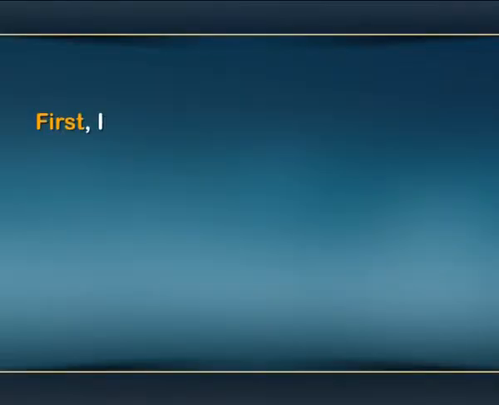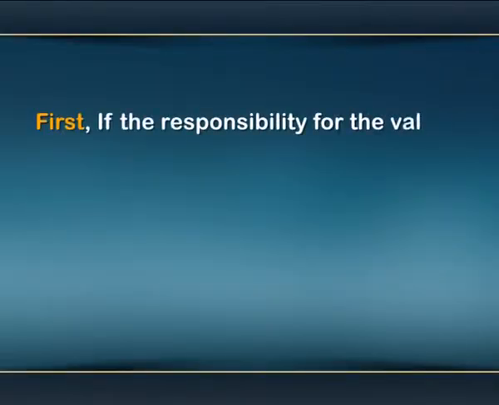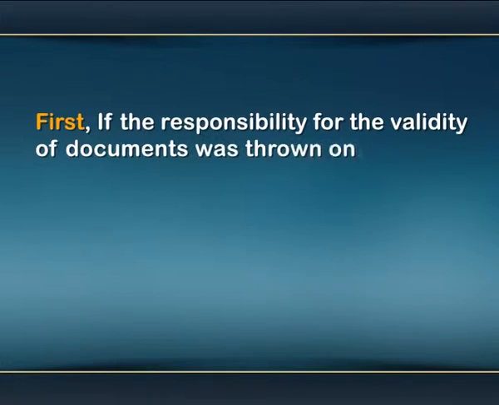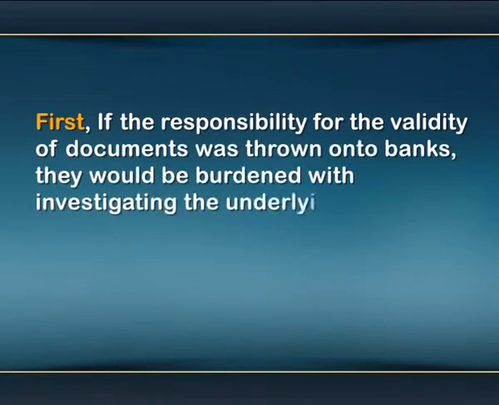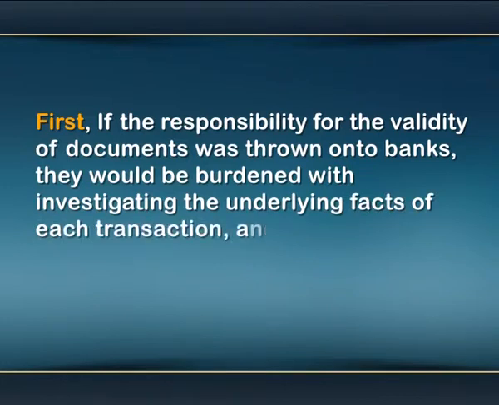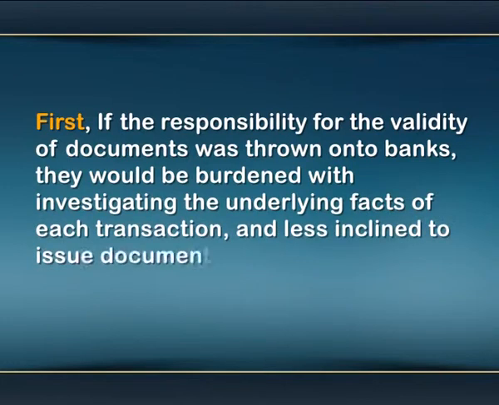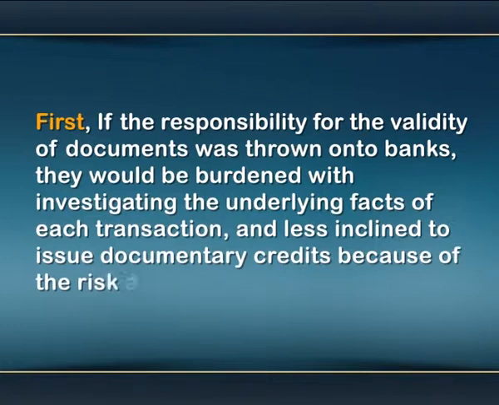The policies behind adopting the abstraction principle are purely commercial and reflect the parties' expectations. First, if responsibility for the validity of documents was thrown onto banks, they would be burdened with investigating the underlying facts of each transaction, and would be less inclined to issue documentary credits because of the risk and inconvenience.